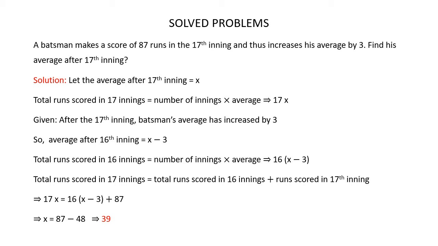So runs scored in the 17th innings is 87. So substituting all these values here, we get 17x is equal to 16 multiplied by x minus 3 plus 87. On solving, we get x is equal to 87 minus 48, which is 39. So the batsman's average after the 17th inning is 39.